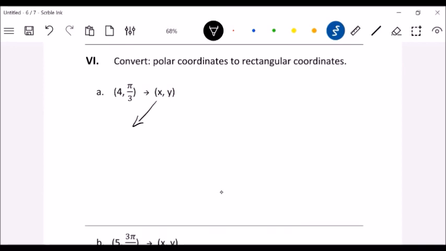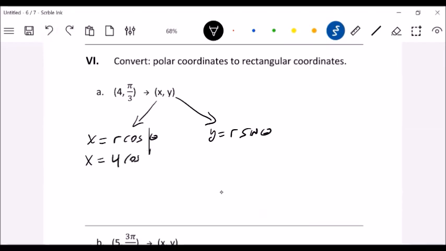For the x, we know that x is equal to r cosine theta, and for the y, y is equal to r sine of theta. So x is equal to 4 cosine of pi over 3. Y is equal to 4 sine of pi over 3. Well, the cosine of pi over 3 is 1/2.